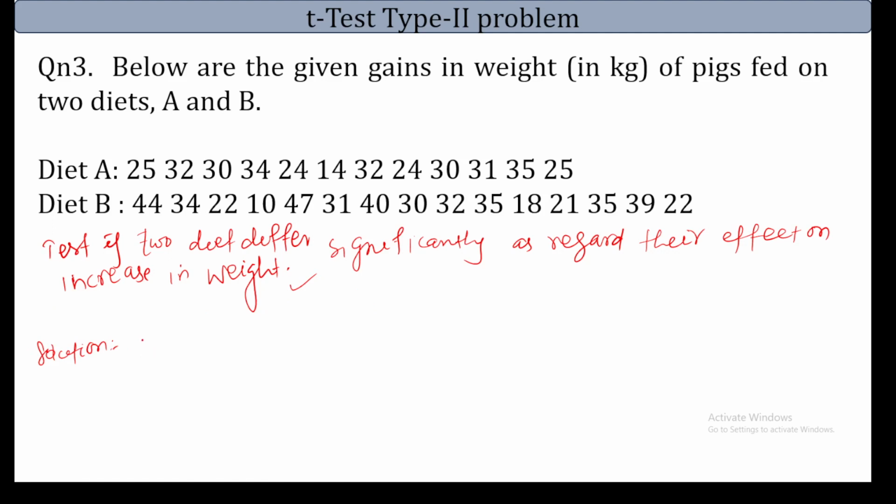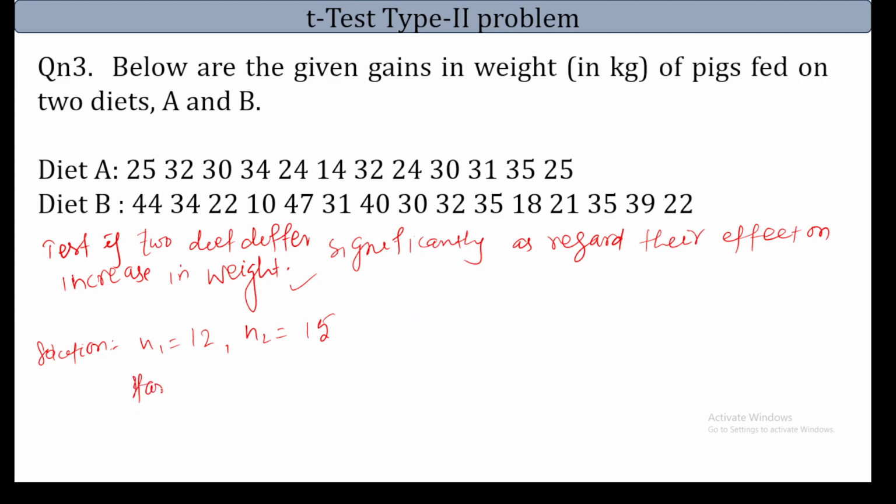Start with n1. If we count, how much is that? 1, 2, 3, 4, 5, 6, 7, 8, 9, 10, 11, 12. N2: 12, 13, 14, 15, 15. Overall, how much came? Less than 30 only.